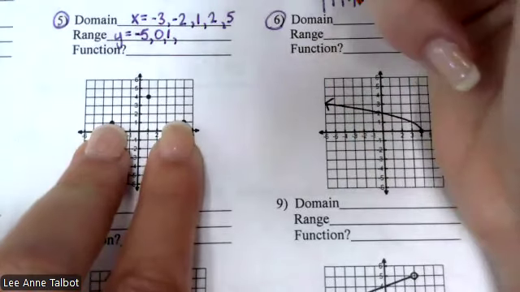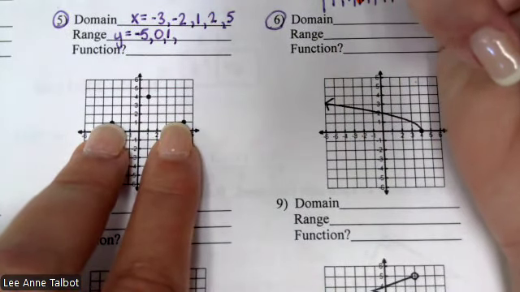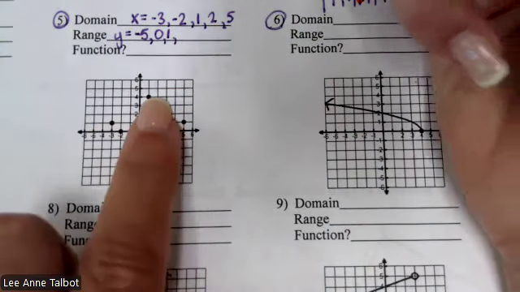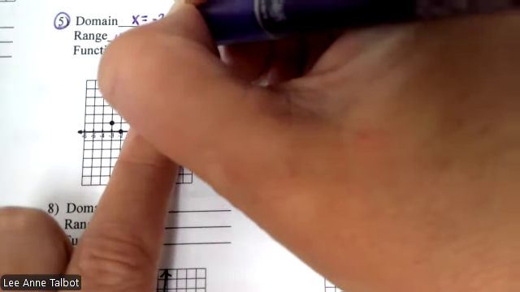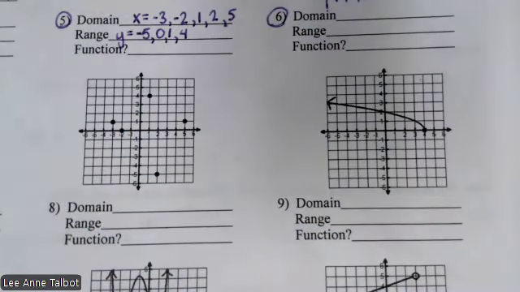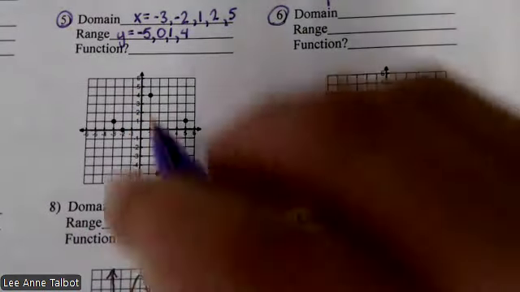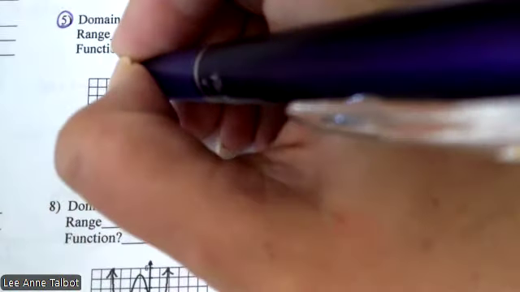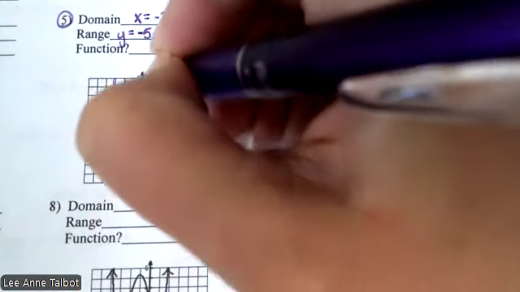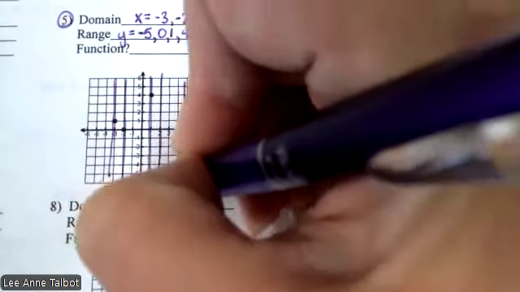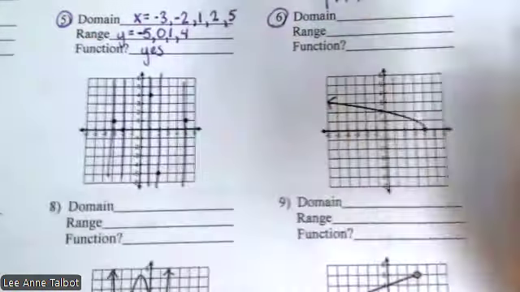Notice 2 dots are at 1, but you're not going to repeat yourself. Don't put 1 twice. Just 1 works. 4. And then only touch each dot 1 time. We're good. Yes, it's a function.